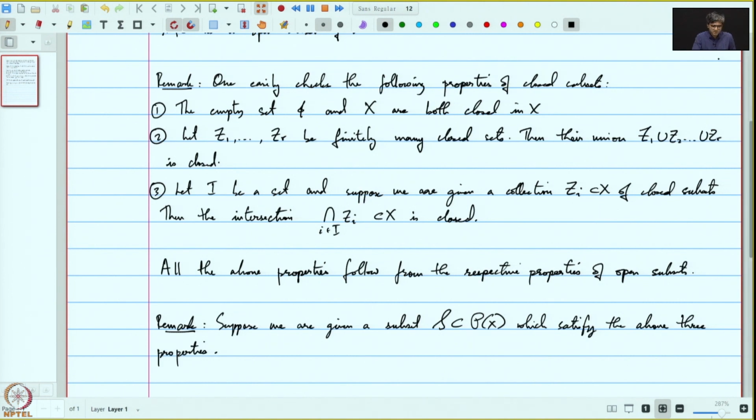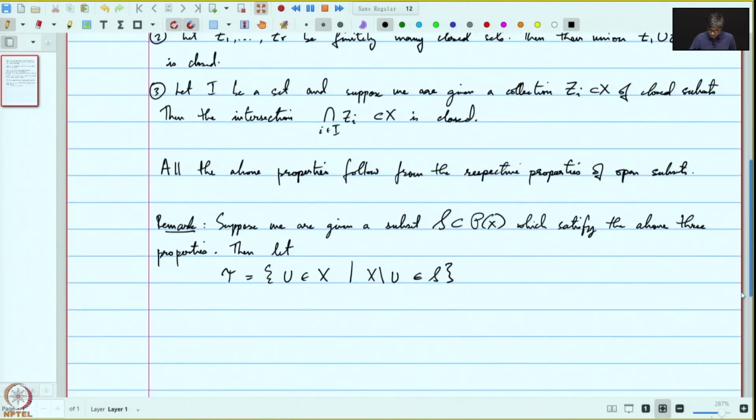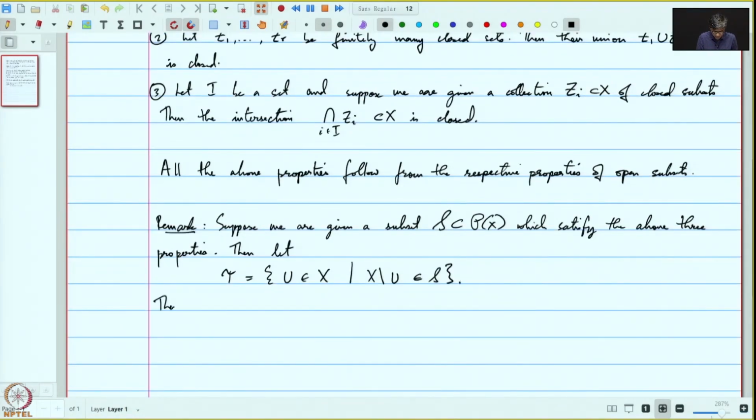Right, so S satisfies these properties 1, 2 and 3. Okay, so then let tau be the collection of those U in X such that X minus U belongs to S. So then tau defines a topology on X.